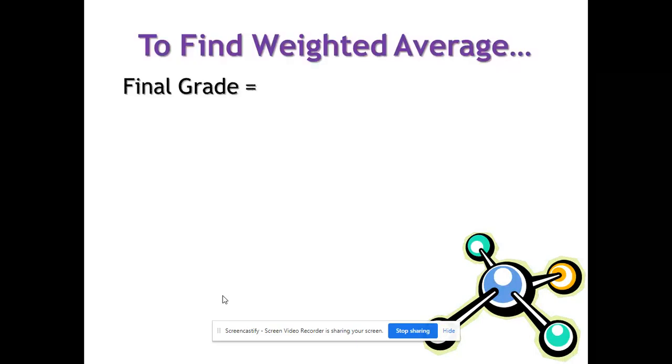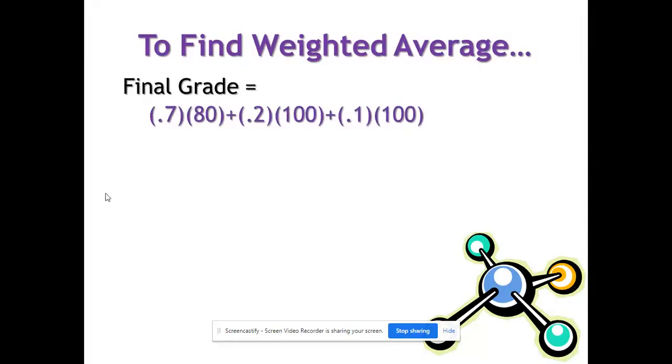So to find the weighted average, you take your 0.7, which is the 70%, times your score for your test, which was 80. And then you add your 0.2, or the 20%, I should say, times the 100 that you got on your quizzes. And then the last one, you add in the 0.1 times the 100.